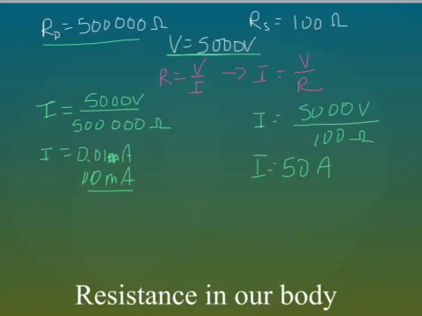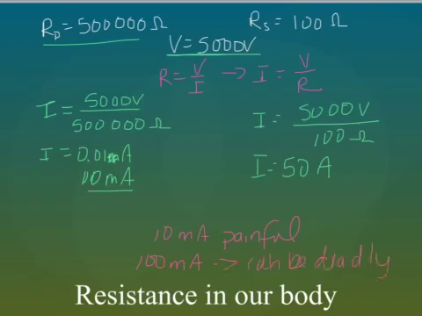It turns out that for humans, 10 milliamps is painful. Anything from 100 milliamps and above can be deadly. We start to feel it below 10 milliamps, but at 10 milliamps, it starts to really hurt.